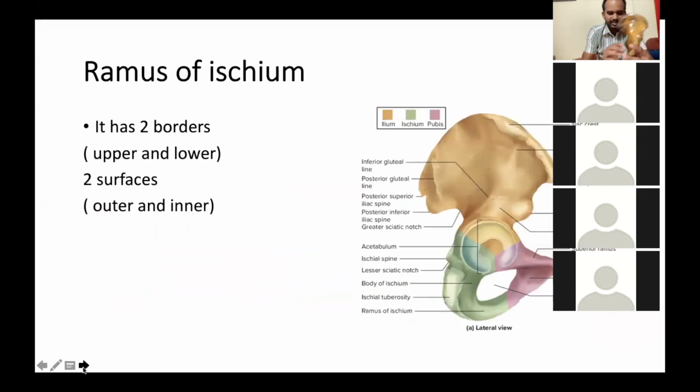Then the pelvic surface. This is the pelvic surface. Can you see this area?